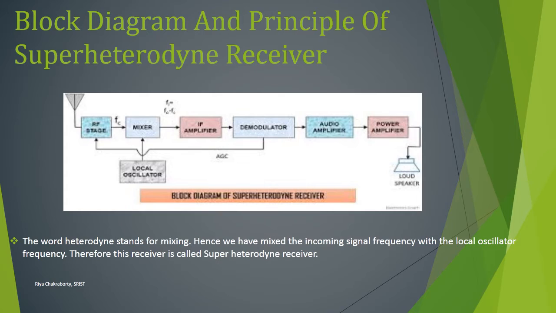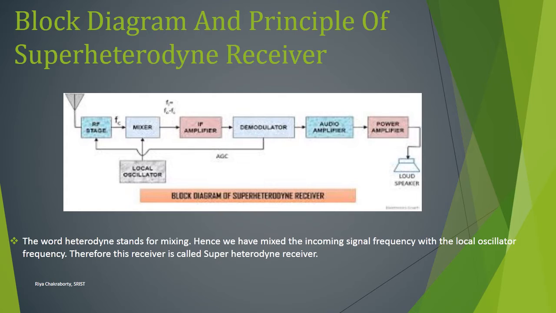This intermediate frequency signal is now amplified and demodulated to reproduce the original signal. So the word heterodyne means mixing. Here we have mixed the incoming signal frequency with the local oscillator frequency.